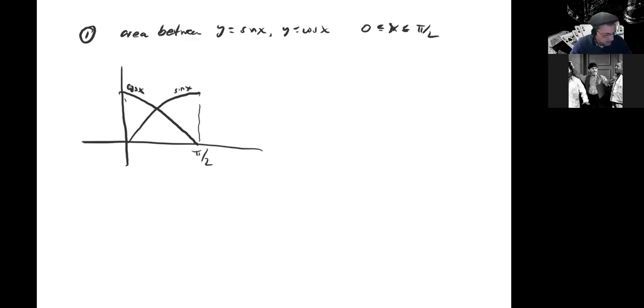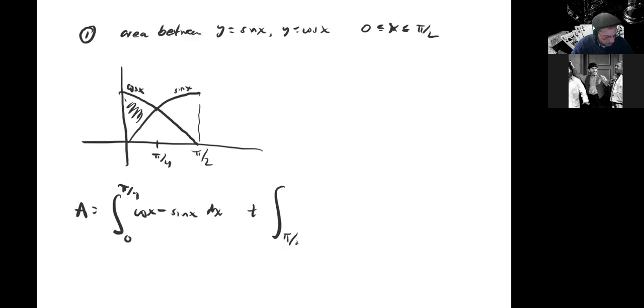Okay, so the area is going to be given by the integral. So they meet at x equals pi over 4. The area is the integral from 0 to pi over 4 of cosine of x minus sine of x dx, that's this region here, plus the integral from pi over 4 to pi over 2 of sine of x minus cosine of x dx.